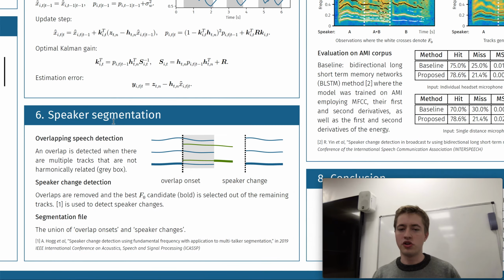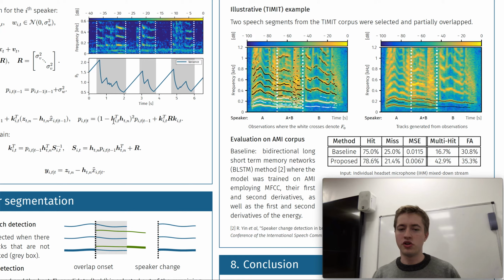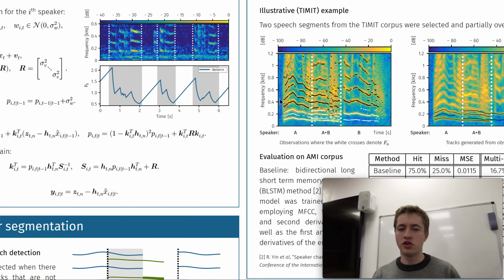So, with that all in mind, let me show you some results. I apologise that the camera has obviously stopped working, but hopefully you can still hear me, which is the most important thing. As you can see, the white crosses show the possible fundamental frequencies that we generate using the observation generation that I told you about at the beginning, and the black crosses show the harmonics related to those possible fundamental frequencies.